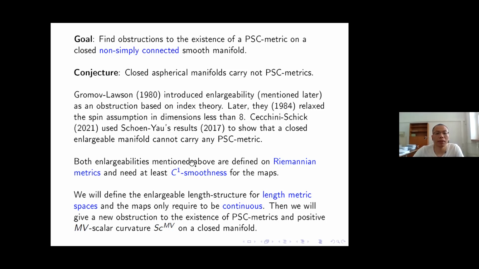Both enlargeability notions are defined on Riemannian metrics and need at least C1 smoothness for the metrics. We will define the enlargeable length structure for length metric spaces, where the metric is only required to be continuous. Then we will give a new obstruction to the existence of PSC metrics and positive MV scalar curvature on a closed manifold.